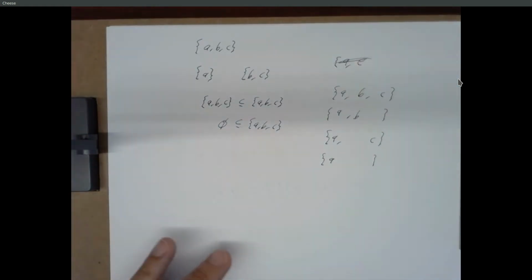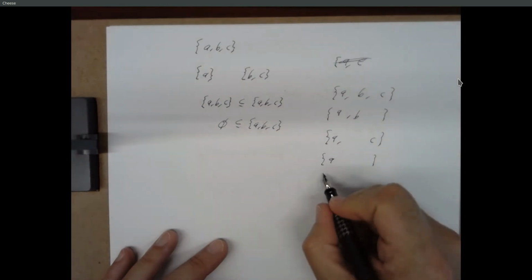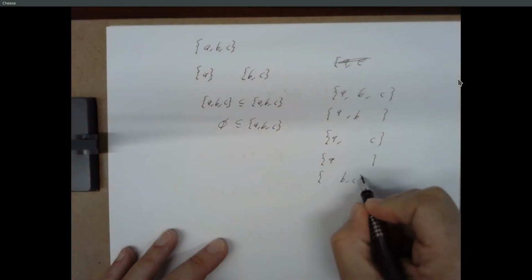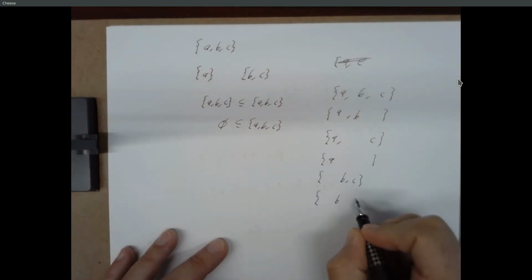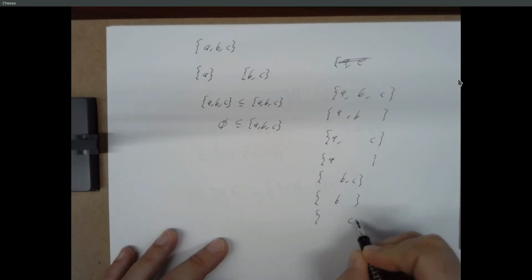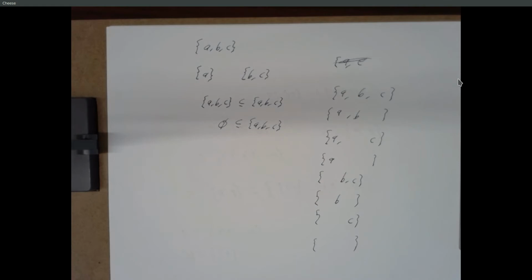Right, where they're including or not including each element. And 1, 2, 3, 4, 5, 6, 7, 8 subsets. And the group on the end here cracked the secret code.